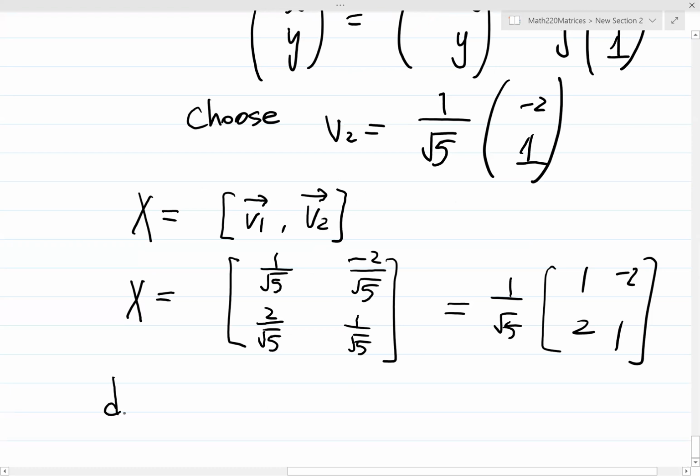Let's see what the determinant of X is. We have a scalar multiple of an integer matrix.